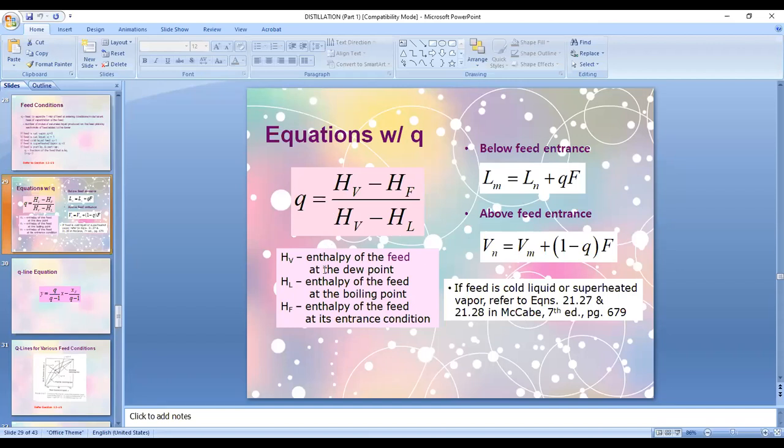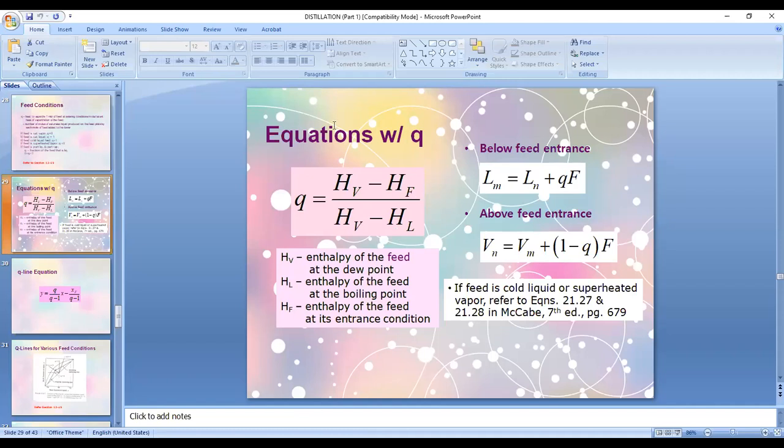Okay, this is it. And you have the enthalpies defined here. So the enthalpy of the feed at the dew point is H sub V. The enthalpy of the feed at the boiling point is H sub L, and the enthalpy of the feed at its entrance condition, that's your H sub F.